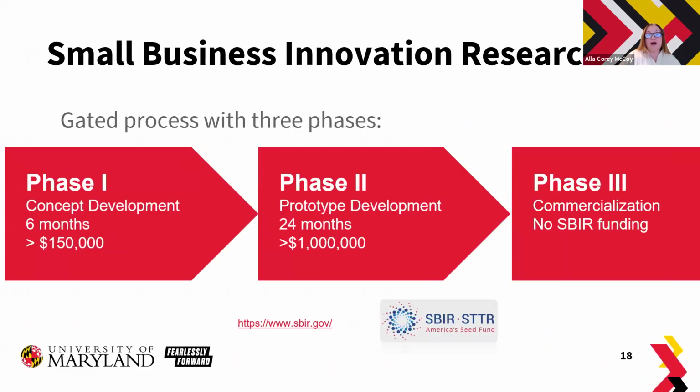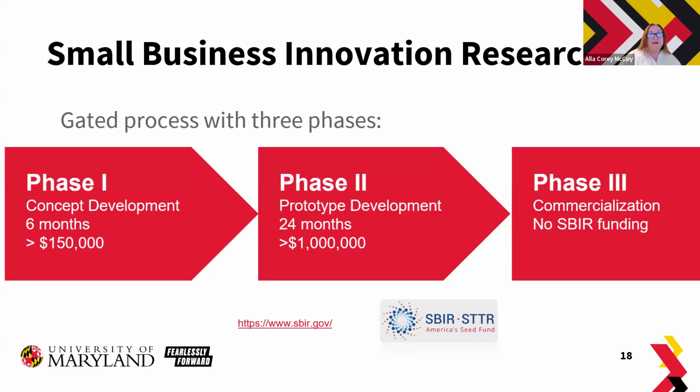Typically, once MII has been received, it's a fairly quick process. The next funding opportunity that companies turn to is SBIR, or Small Business Innovation Research. These funds are available in 3 phases.